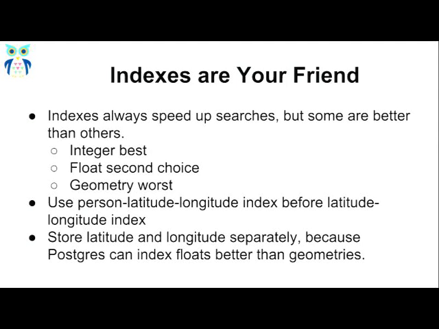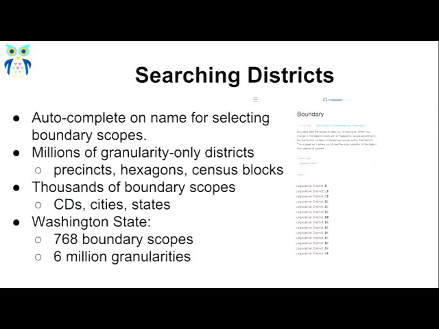And geometric indexes are not nearly as good. And so when I'm checking if I know the district for Amanda at this geocode, I'm going to use the voter ID first rather than just looking up the geocode. And when I do look up the geocode, I store it as two floats, as a lat long, so that we can use the native Postgres float indexing.